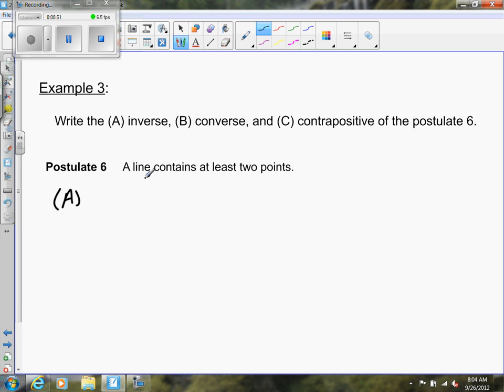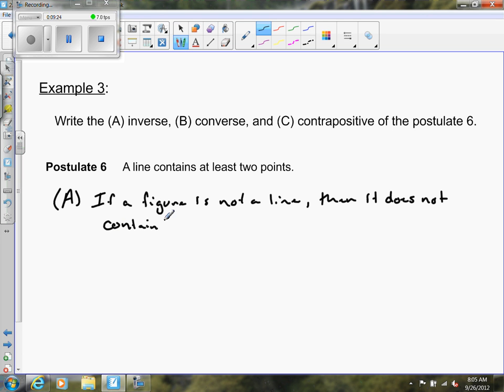So I'm going to say the inverse: if a figure is not a line, then it does not contain, hold on, at least 2 points.